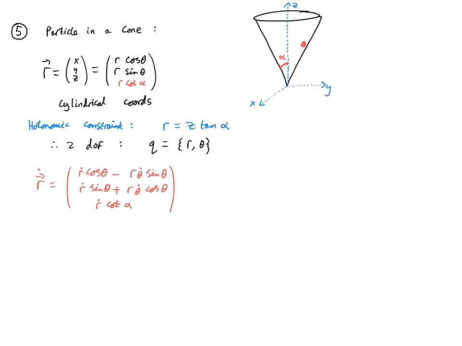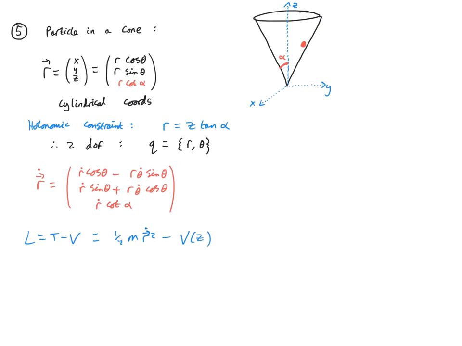We can now write down the Lagrangian. The kinetic energy is something that only depends on the velocity squared, while the potential is something that only depends on the vertical displacement z, which we've now reparameterized in terms of r cot alpha.